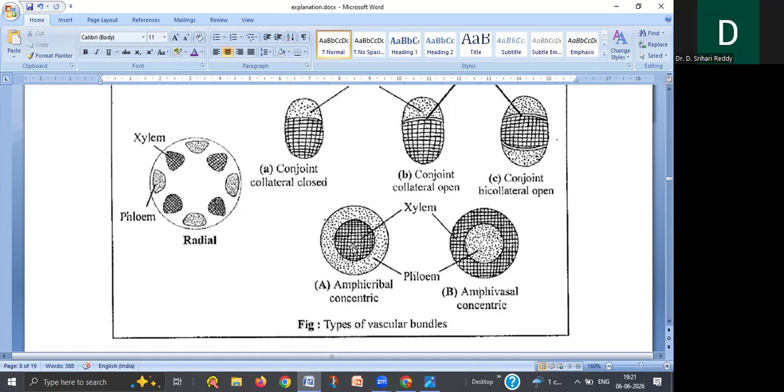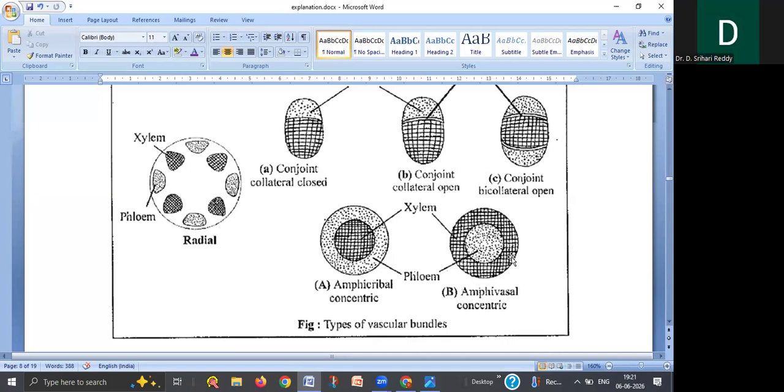Here, xylem or phloem is at the center. In the amphivasal vascular bundle, phloem is at the center, and it is surrounded by xylem. It is called an amphivasal vascular bundle, which we see in Dracaena and Yucca.